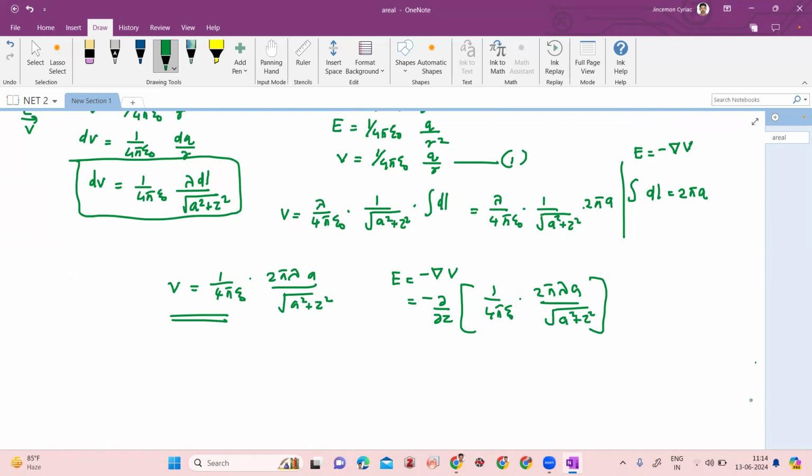We can take the differential of only this value and take all other values constant: minus 1 by 4 pi epsilon 0, 2 pi lambda a into 1 by root of a square plus z square.